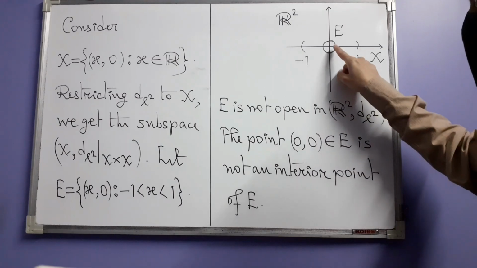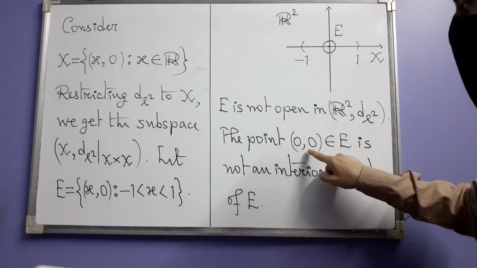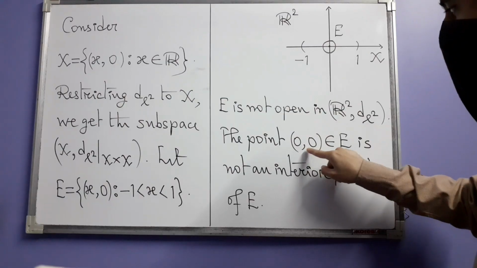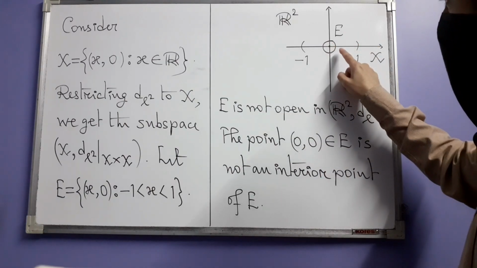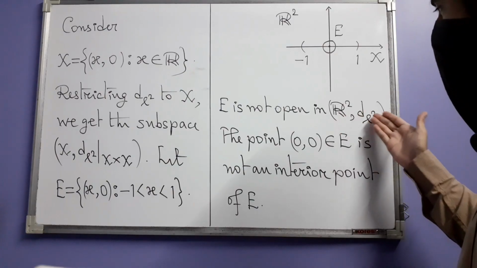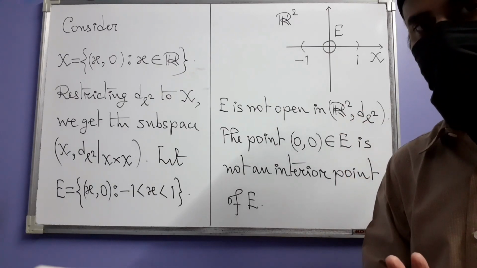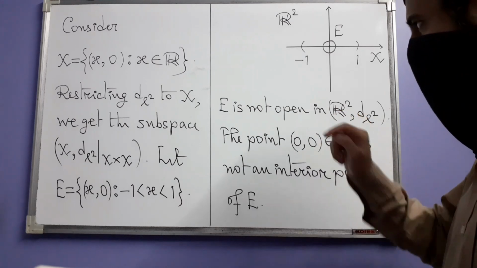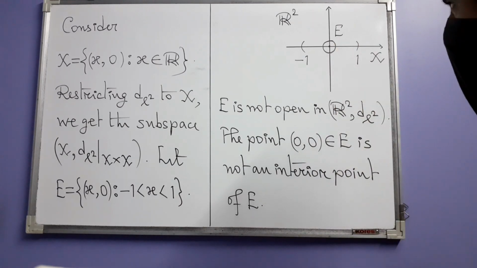But such a ball looks like this. You have obviously recognized the fact that (0, 0) is the origin. Any ball in this metric space is the interior of some circle, and when we say that it's centered at (0, 0), that is the center, with some radius.